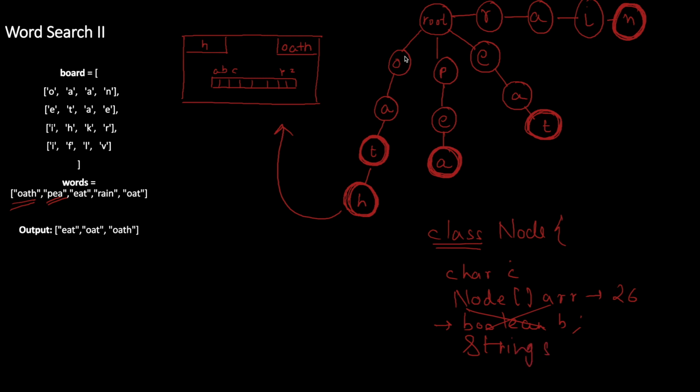So the string will be null for this, and for this it is going to be oath, correct? So basically this is the basic structure of a trie node, and we have to tweak this node structure on the basis of our problem. So in this problem, it's better to consider this string inside the trie node instead of the Boolean value, correct?